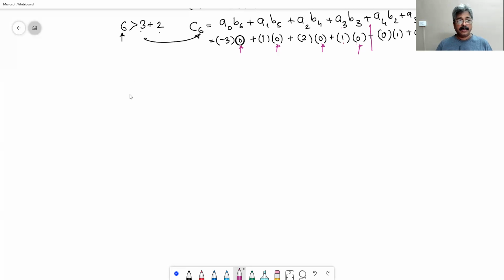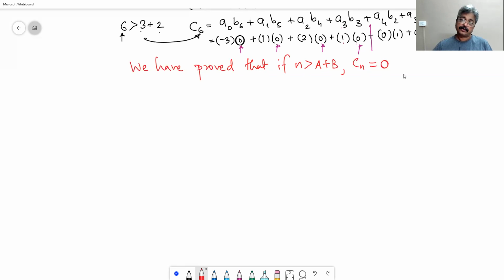So we have proved that if n is greater than A plus B, c_n is equal to 0. Now we have to prove that c of A plus B is definitely not equal to 0.